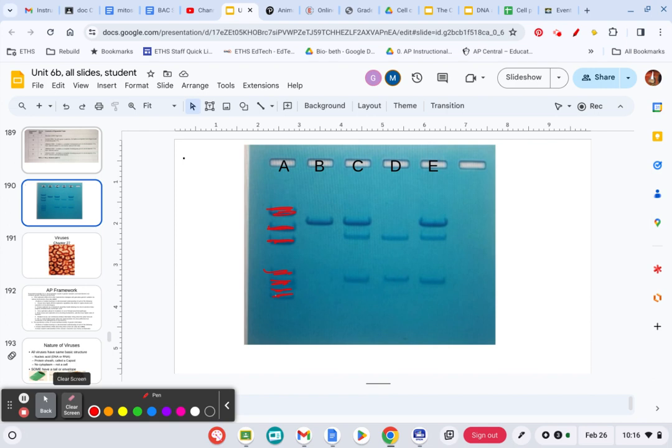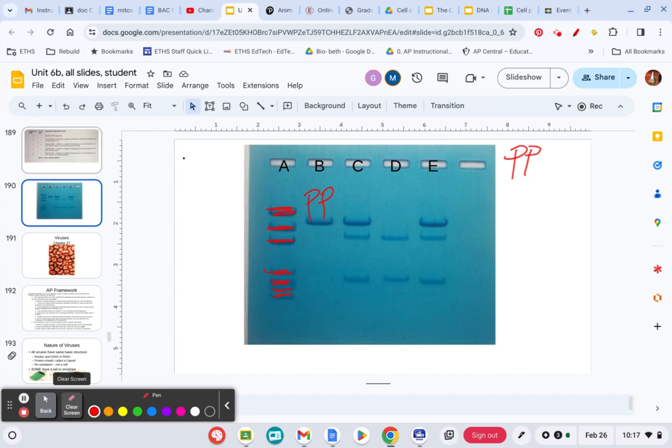This is what it should look like if you have normal P53. If you are homozygous dominant, what does that mean? Same. Yep. Big. And so I'm going to say big P, meaning normal P53 gene. So that's what I have for here.